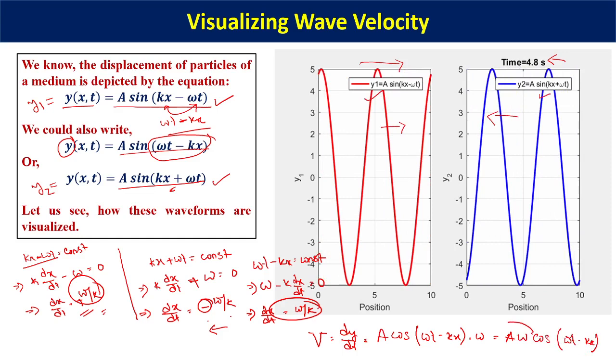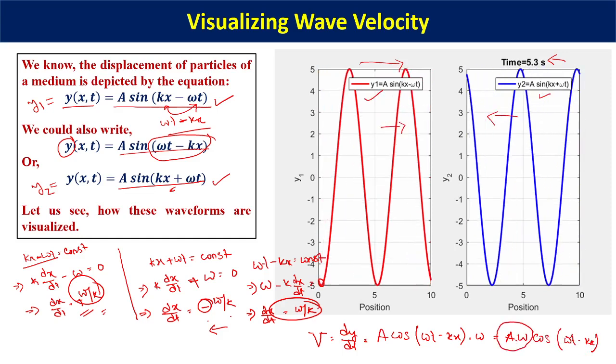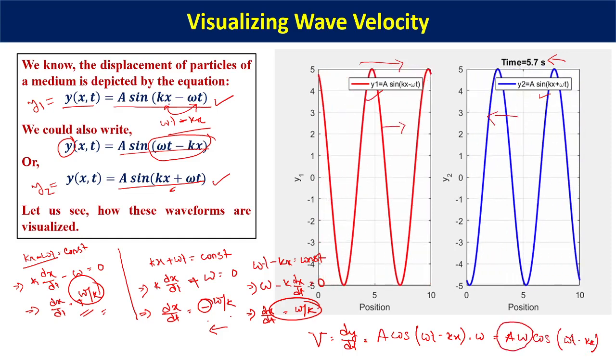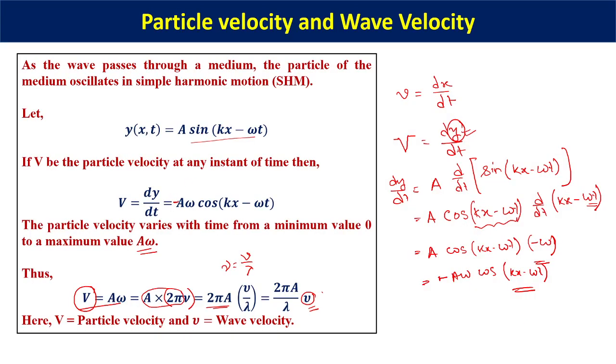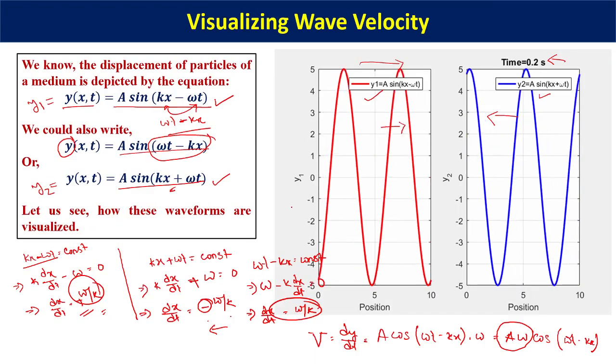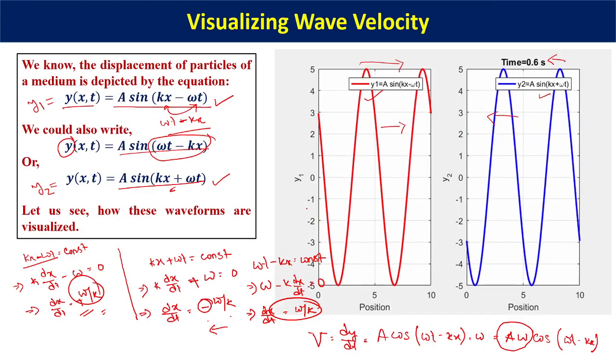In the previous slide, we got it to be minus a omega. Why? Because there was kx minus omega t. Going back for a while, here you see I just put an additional negative sign, because from this particular derivation we already got a negative sign. So that is the only difference you get if you write it as kx minus omega t or omega t minus kx. But there is nothing changeable in terms of the velocity of the wave.